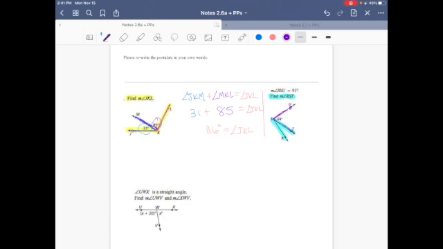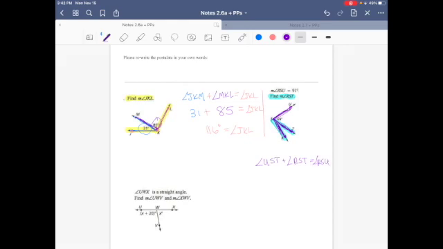They give us that one. So we have UST plus this other small one, RST, that's the one we're looking for. And that's going to equal this big one, which is USR, or RSU.